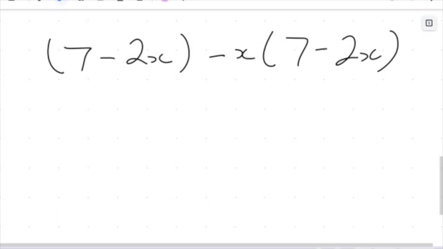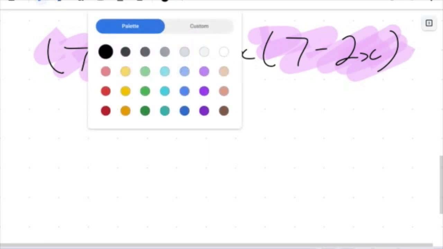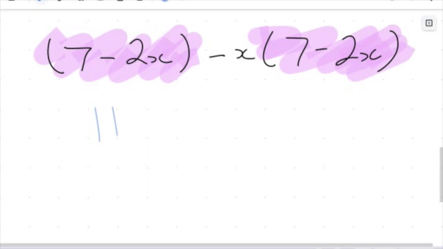Well, once again, we can pretty clearly see a similarity between both of these expressions, meaning our highest common factor must be that which I've highlighted. It goes into both of the terms. So my highest common factor is in fact 7 minus 2x.